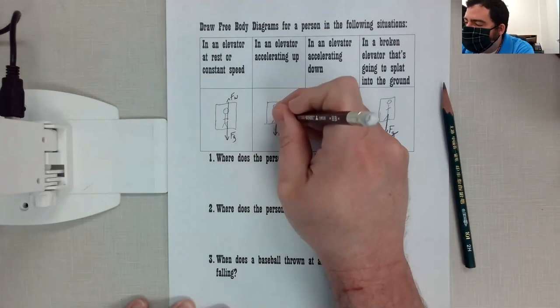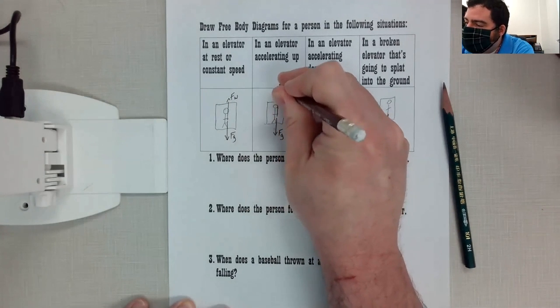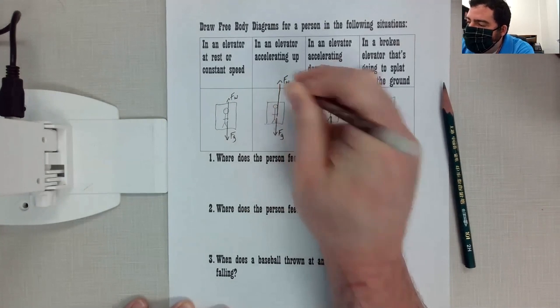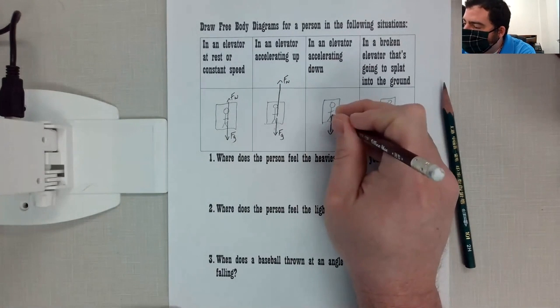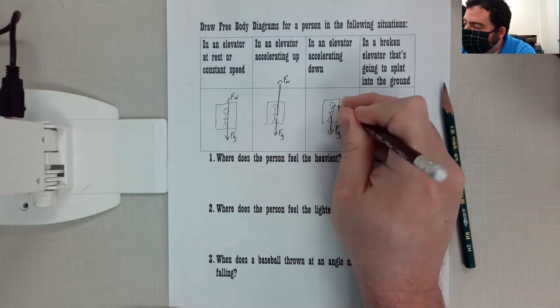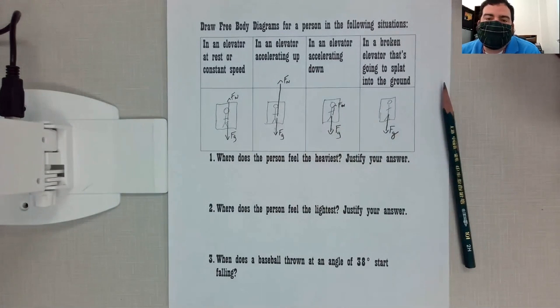When an elevator accelerates up, because you've got this normal force accelerating you up, and that's what makes you feel heavier, the fact you're being pushed harder. Conversely, you feel lighter when an elevator accelerates down because gravity must be bigger than the normal force, so you have a net downward force.